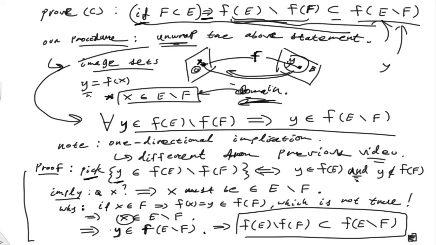But now I want to just go over, let's now examine the proof. So first off, what we want to do is ask the question, why does F have to be a subset of E? And really the thing here is that it doesn't really have to be.